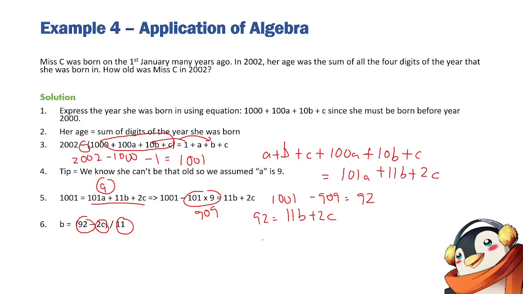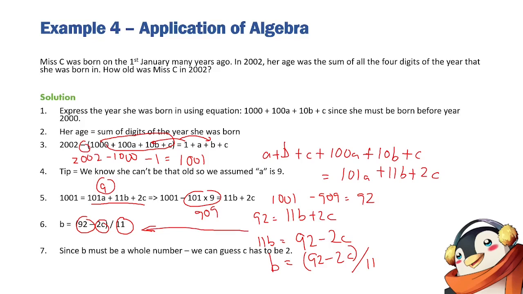So you have 11B equals 92 minus 2C, then divided by 11, so you have B. So you get this answer here.